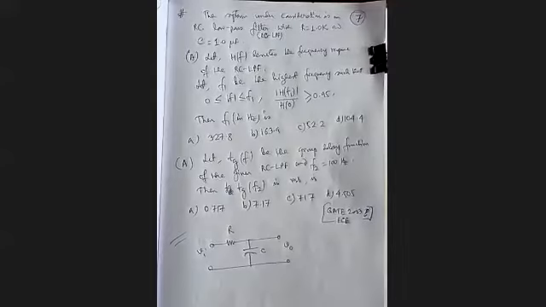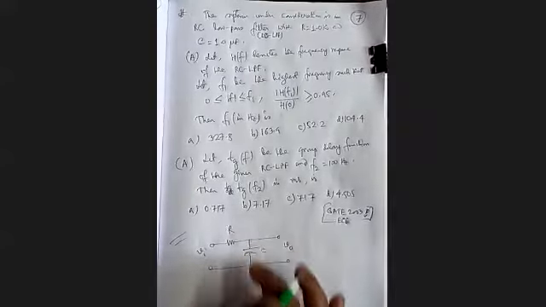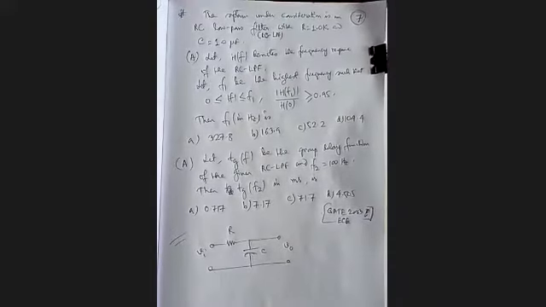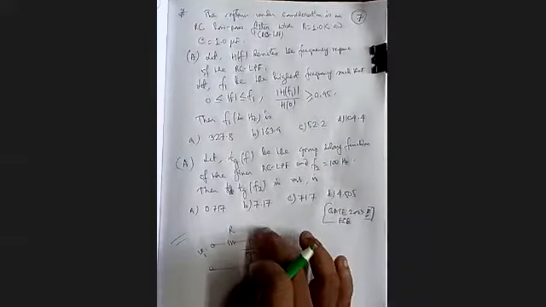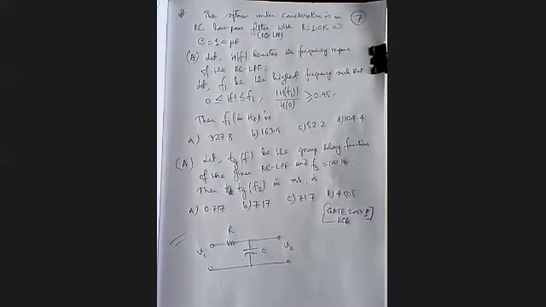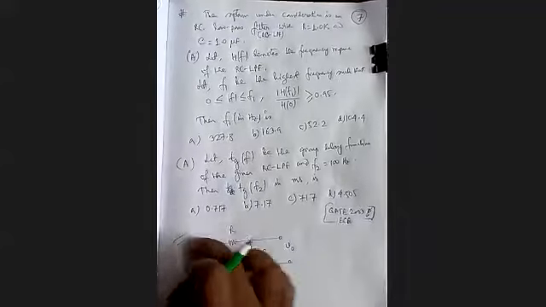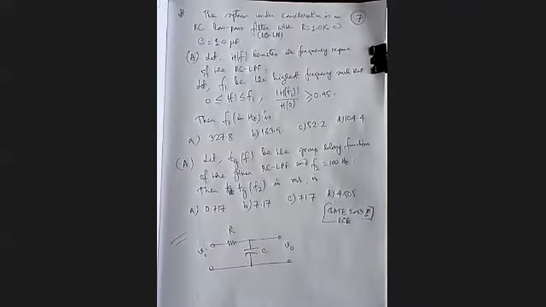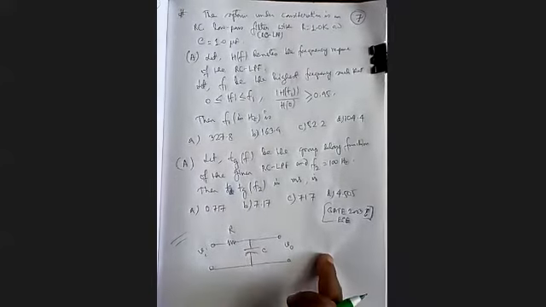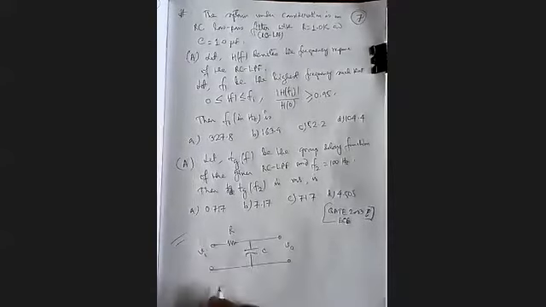But at low frequency, 1 by omega c is quite large. Reactance is large. So it will act like an open circuit, or it will offer a very high impedance or reactance. So our output will remain practically open. So input voltage will be available at the output. So low frequency will be available at the output, but high frequency will be blocked.